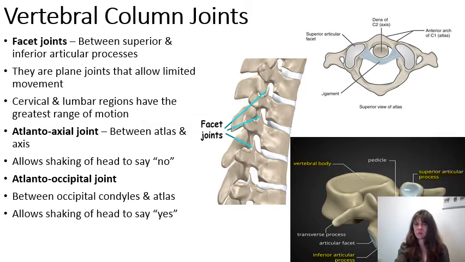These processes, both the superior and inferior processes, are going to form joints known as facet joints. The inferior articular process of the vertebra above, which is right here, will form a joint or articulation with the superior articular process from the vertebra below.